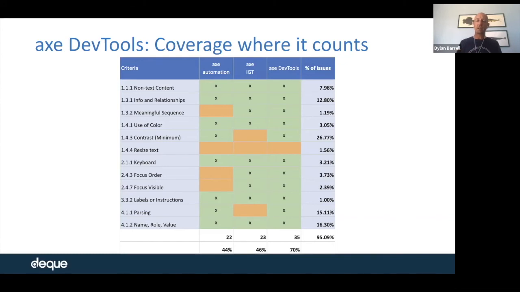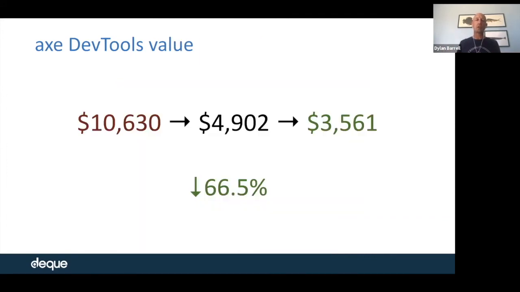And what we find is that we can cover between 70 and 75% of the issues with this combination, which also has a huge impact on the costs, driving the costs down by a further 12 to 13%, to just around $3,500 per page.